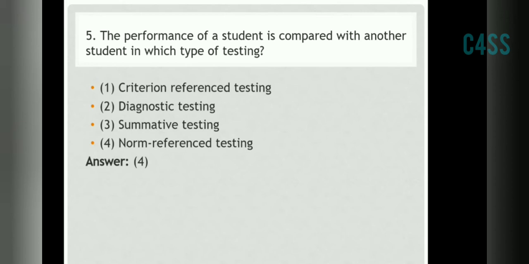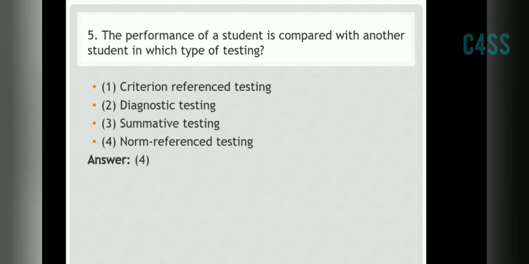For example, the examinations or tests conducted in an academic system or a school may be referred to as norm referenced testing, while a driving test can be considered as criterion referenced testing. While diagnostic tests are conducted to find the weak areas of a learner, and summative testing is conducted at the end of a learning course or a teaching learning practice.